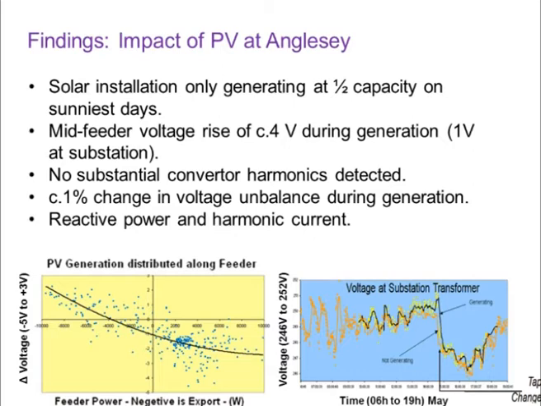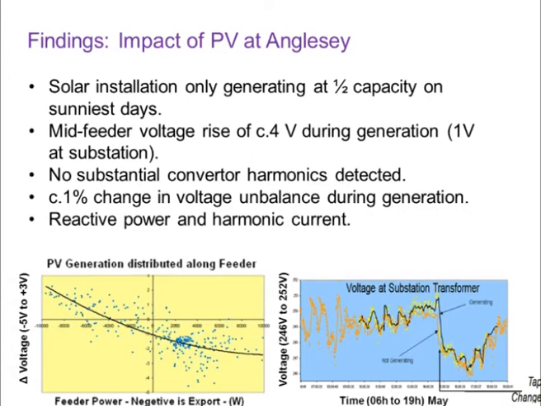We wondered if we'd see some of the converter harmonics, but they weren't particularly visible there. Indeed, there was a general improvement in current harmonics as you were getting clean generation from the PV. Some change in voltage unbalance as well, again quite small, but 2% is the statutory limit in unbalance. So a 1% change you could say is of some significance.